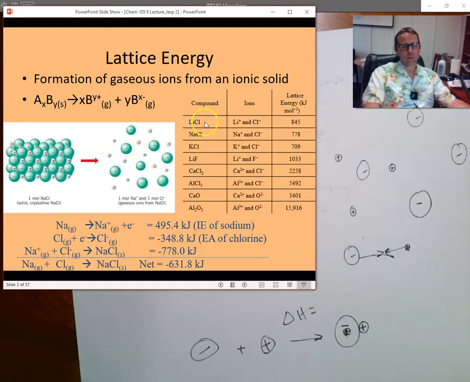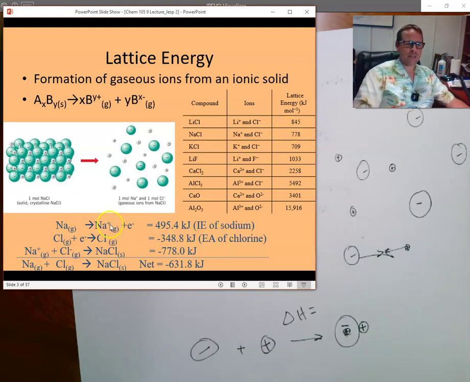So when you look at a table of lattice energy, it won't say this is how much energy is required to break the lattice. It's just going to give you a value, but you have to know what this lattice energy means. This is the energy associated, has to be, because they're all positive, with breaking up that lattice.